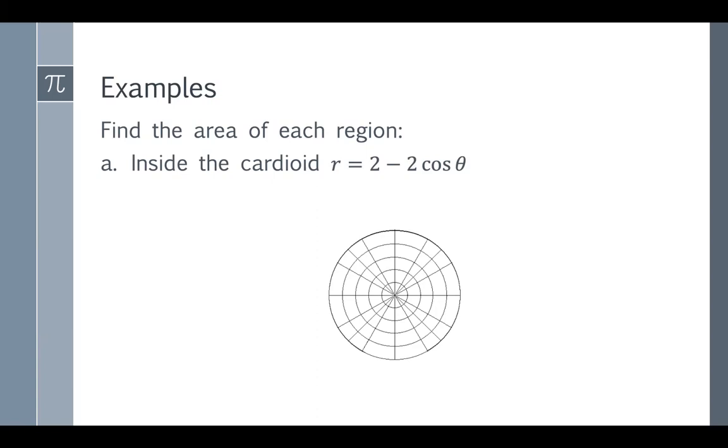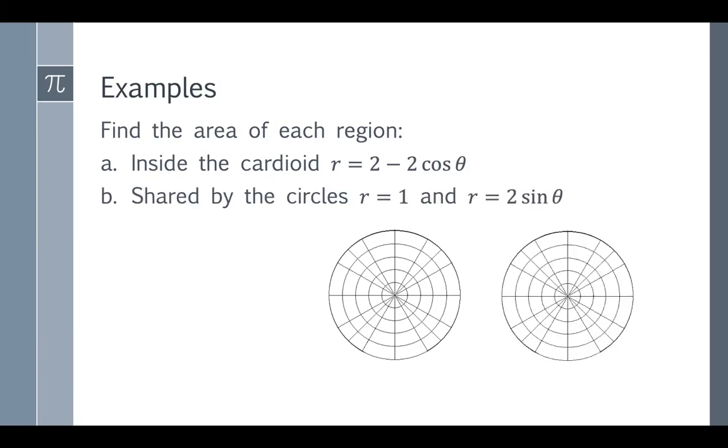So we already have the graph of that. And then we're going to find the area of the region shared by 2 circles. All right, and I'll show you a picture of that. All right, so switching back to the tablet.